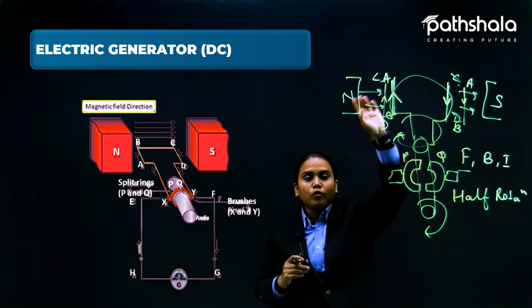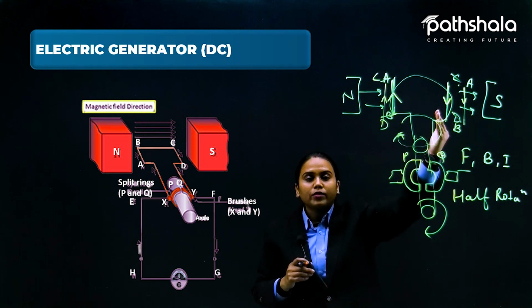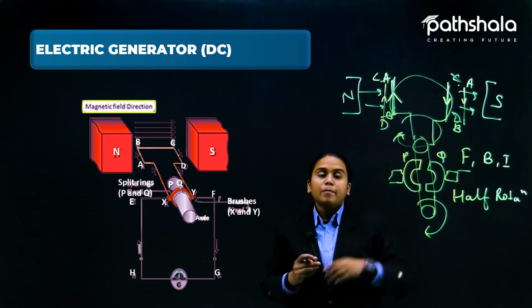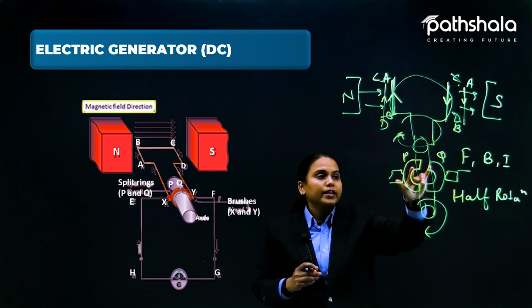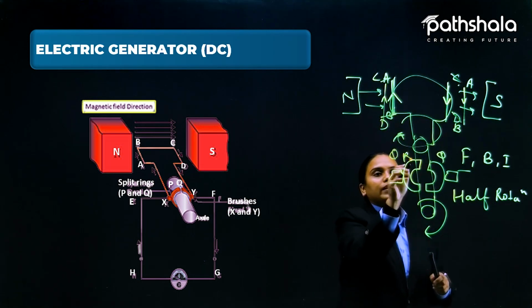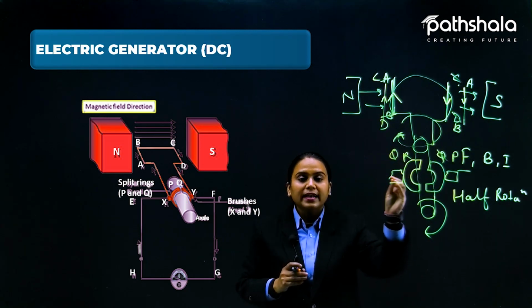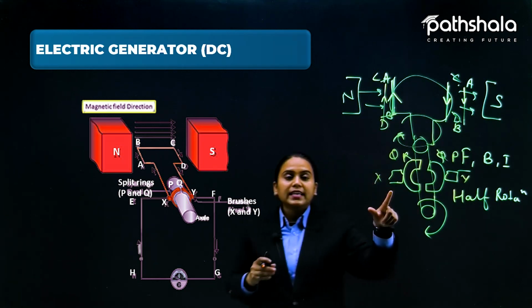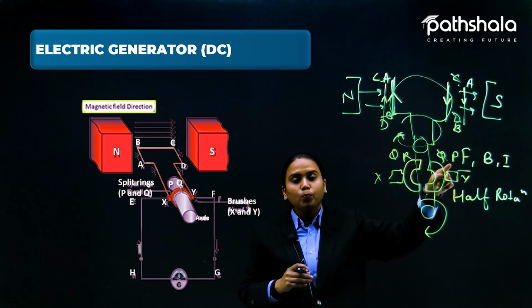CD is getting upward, which means earlier it was getting the downward direction of the current. Now it is getting upward because it has changed its location. Though it has changed its location, the same current is now recorded by the split ring Q, because Q will be here and P will be here. So now X here will be connected to Q and Y here will be connected to P.